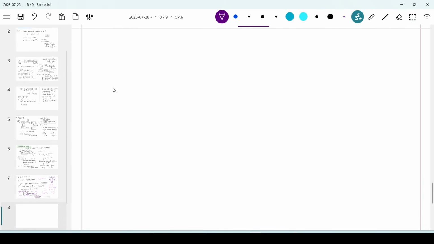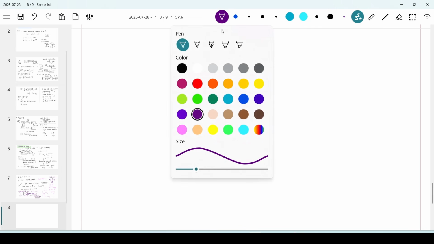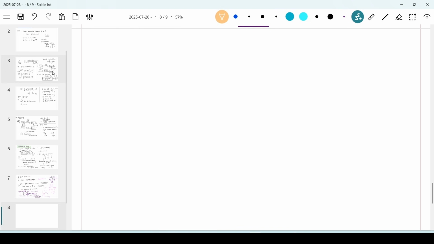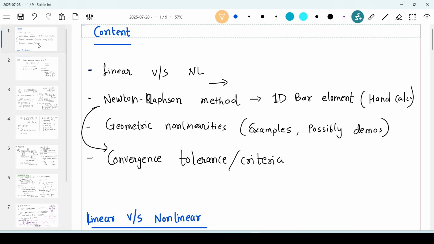Sir, can you give me any example related to non-linear analysis? Where will be the use case in non-linear? There are so many examples. As I said, we will talk about these examples. From here there are only examples of non-linearity, so don't worry.